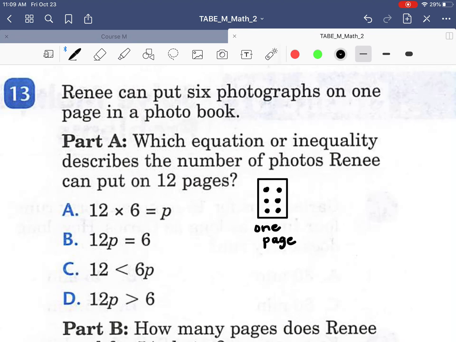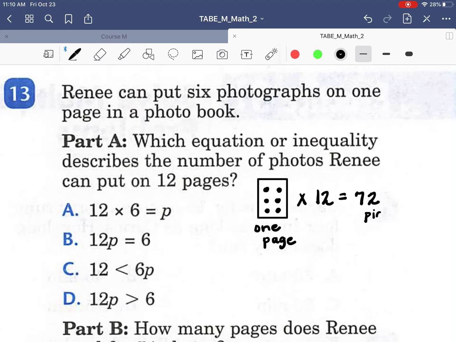Which equation or inequality describes the number of photos Renee can put on 12 pages? So 6 times 12, 6 on one page times 12 pages is 72. But that's not what they're asking me to do. They're asking me to set up the equation or inequality for this scenario.